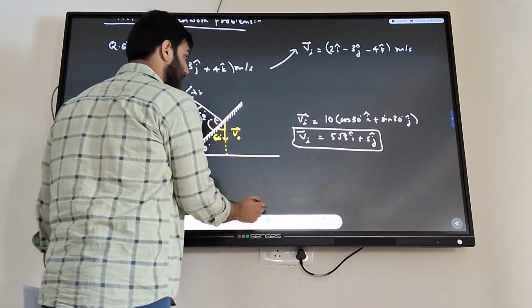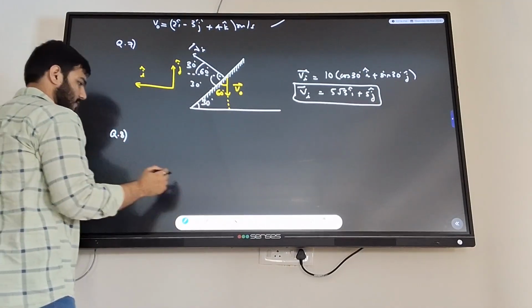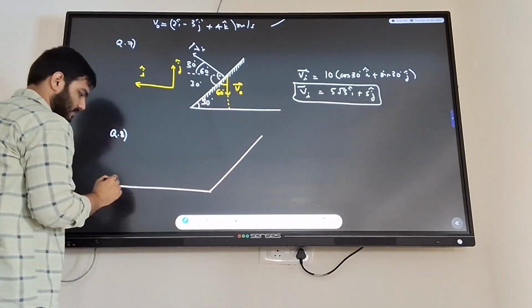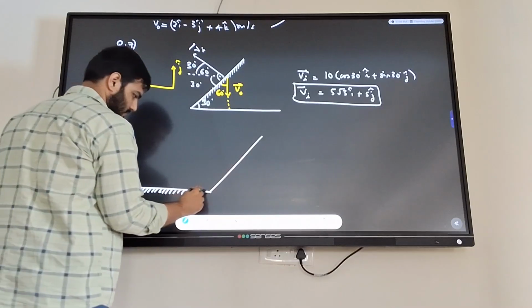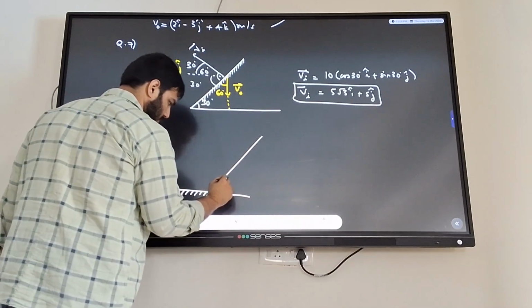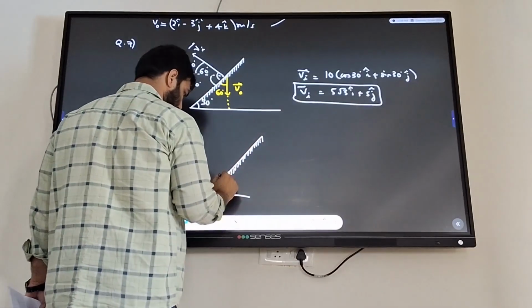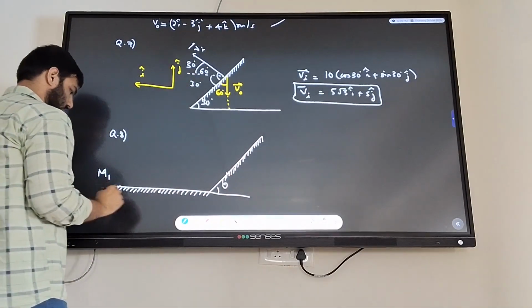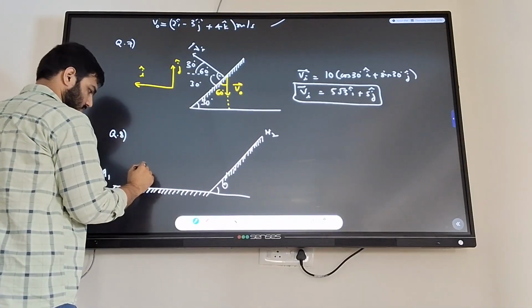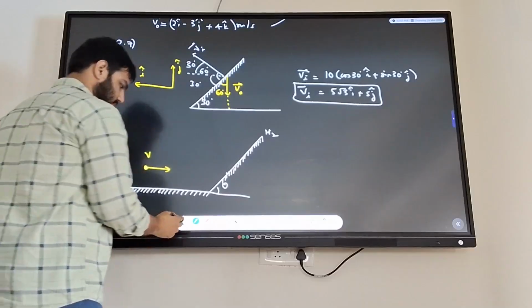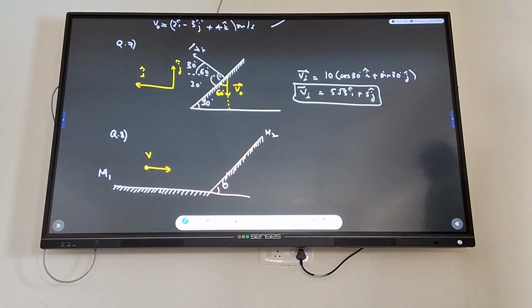And for question number 8, I have to make the diagram. This is the diagram at hand.